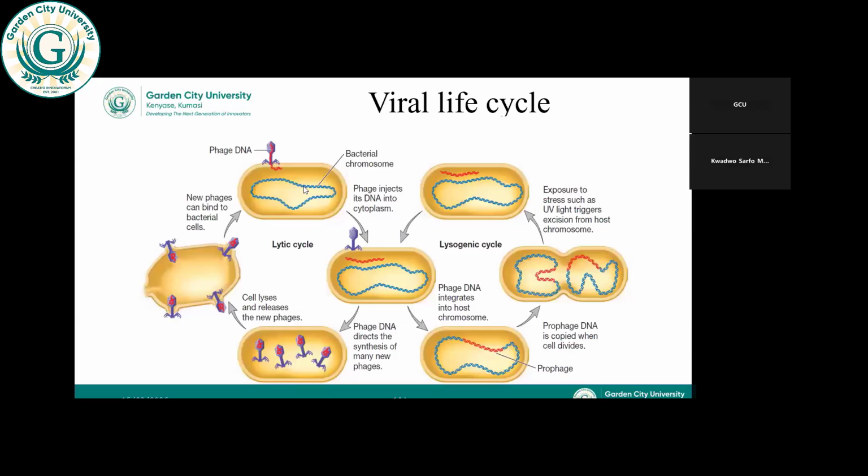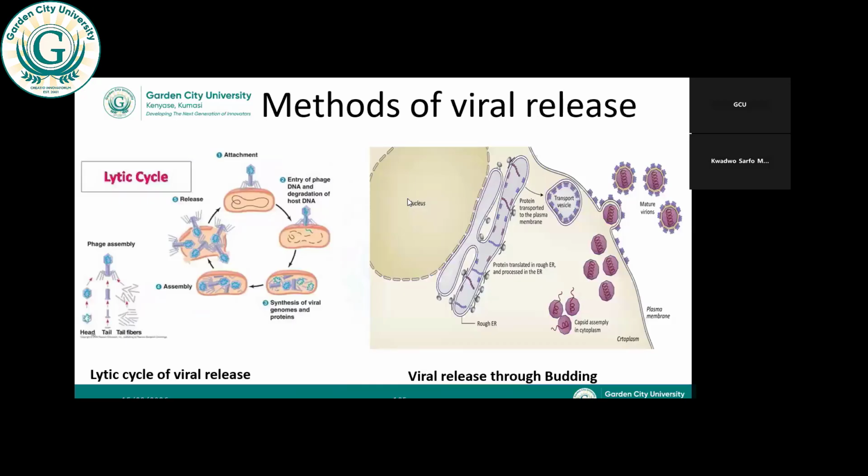Sometimes they are strategic. When they infect another cell, they will integrate the DNA without killing the cell, so they can switch from the lytic to the lysogenic in the next phase. They are strategic. So the life cycle, we talked about attachment to the host cell, then they enter, then they replicate their DNA or RNA, then they assemble the coat, the capsid around it again, and then they come out. So that's for the lytic cycle.